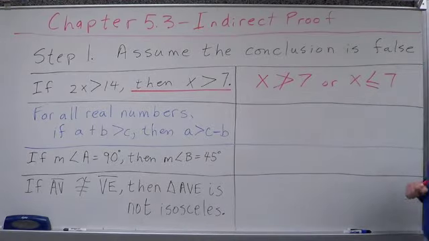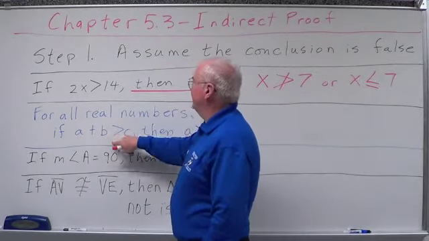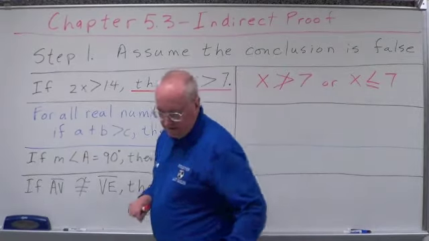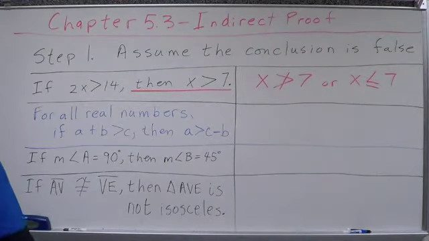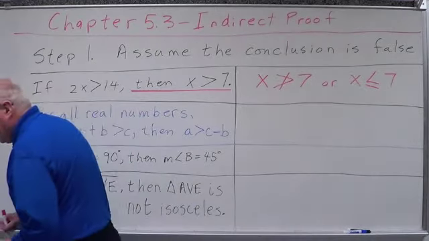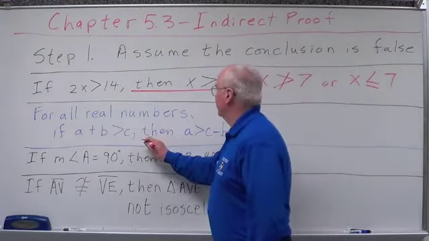Either way. For all real numbers, if A plus B is greater than C, then A is greater than C minus B. Let's go back and check that to make sure we got that right. Okay, that's correct. Well, this is what we're interested in.